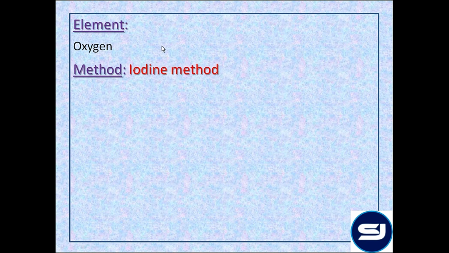Next is the estimation of the element oxygen. Now oxygen here is estimated by the iodine method. A simple method to determine oxygen is to calculate the percentages of all other elements in the organic sample and then subtract it from 100.